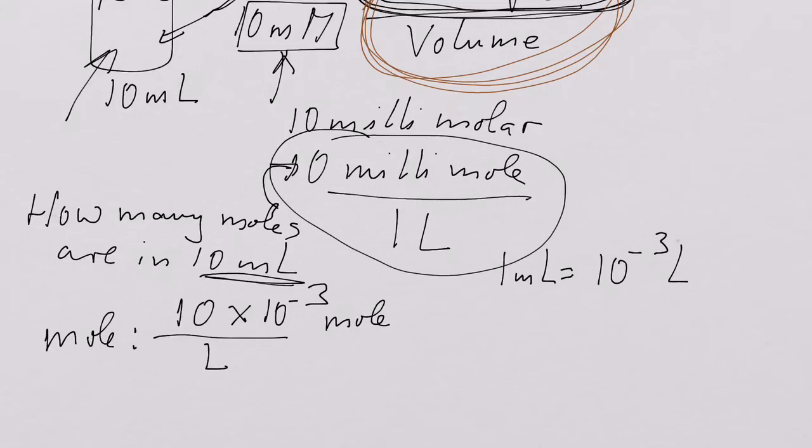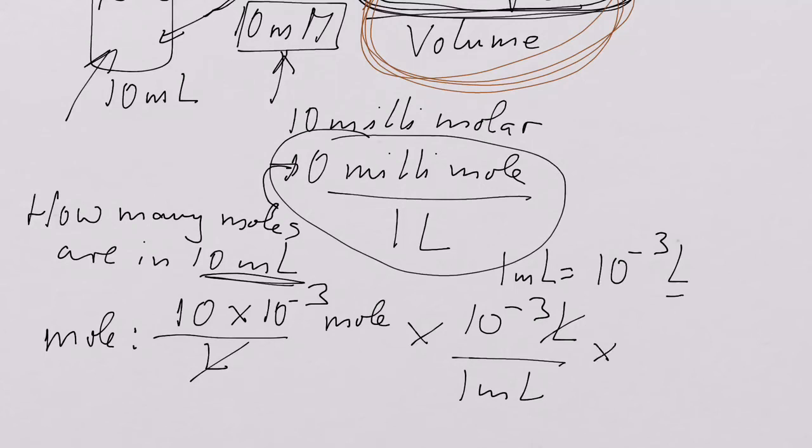So we have liters here times 10 to the minus 3 liters per 1 milliliter. Now our liters cancel out. We just have these milliliters, the pesky milliliters. Do we have milliliters anywhere? 10 times 10 milliliters.